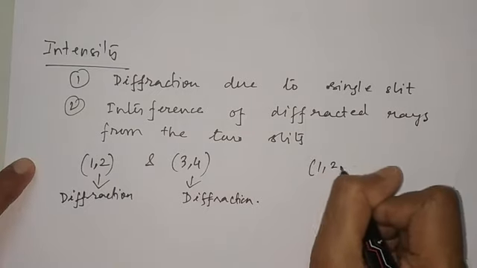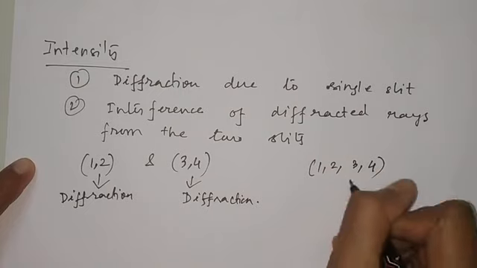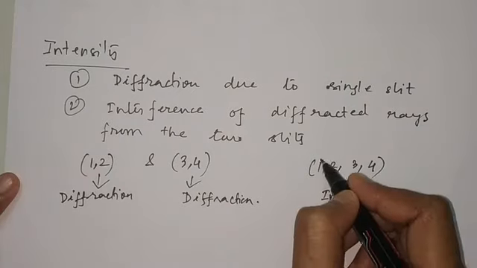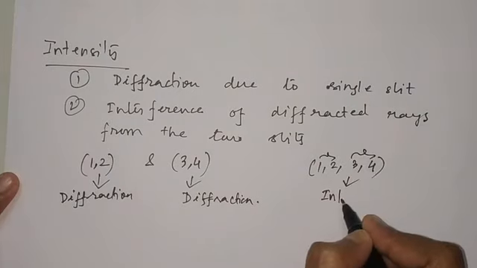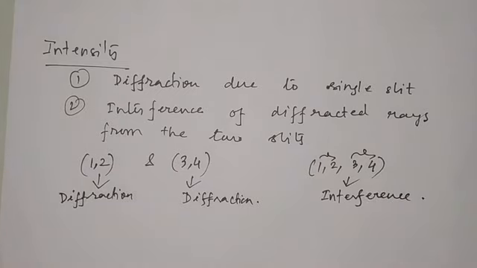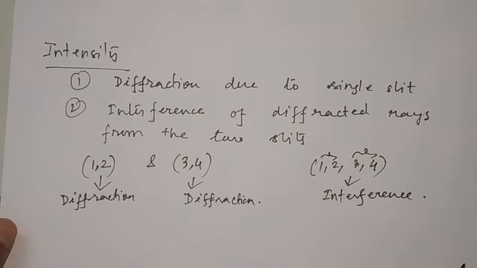But when rays 1, 2 and 3, 4 interact, we get the rays coming from two different slits. So 1, 2 and 3, 4 will give the interference pattern.